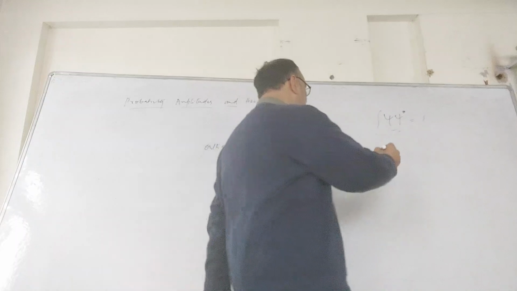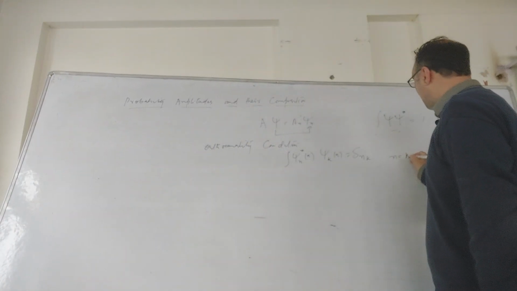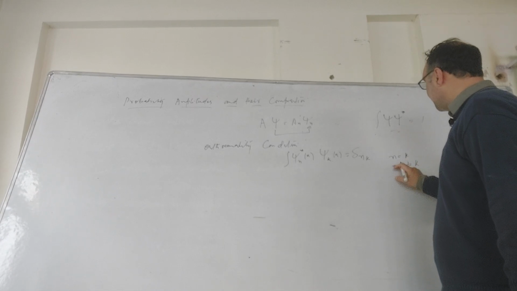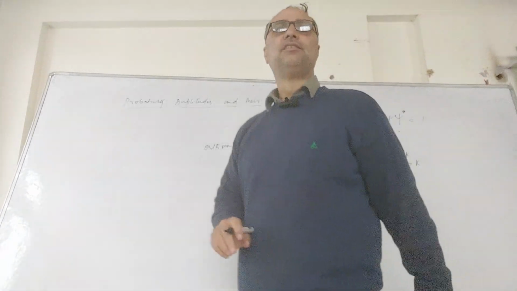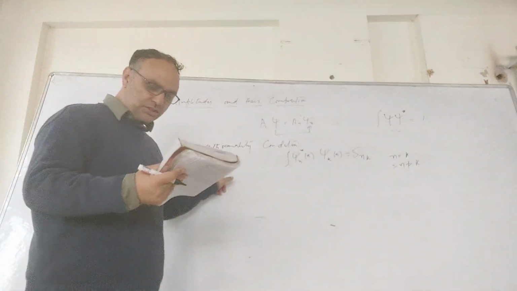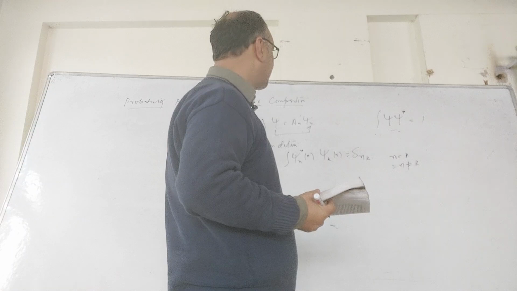So if n is equal to k, it is 1. If n is not equal to k, it is 0. This constitutes our orthonormality condition.